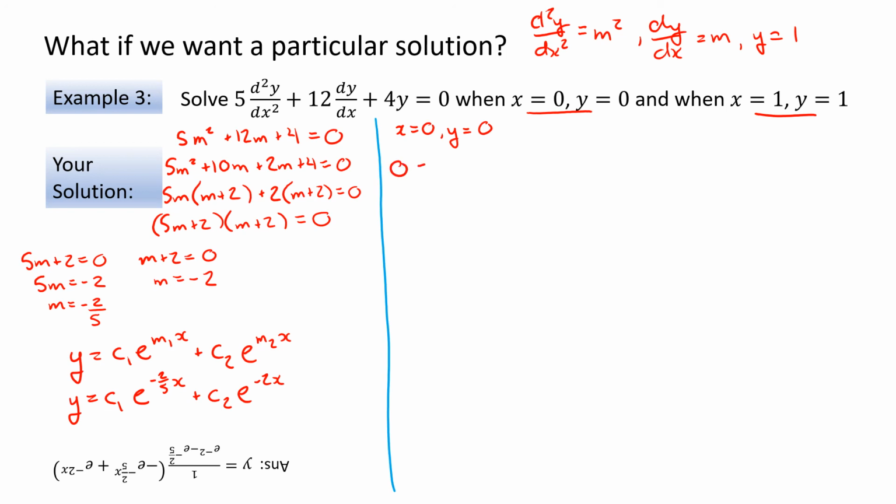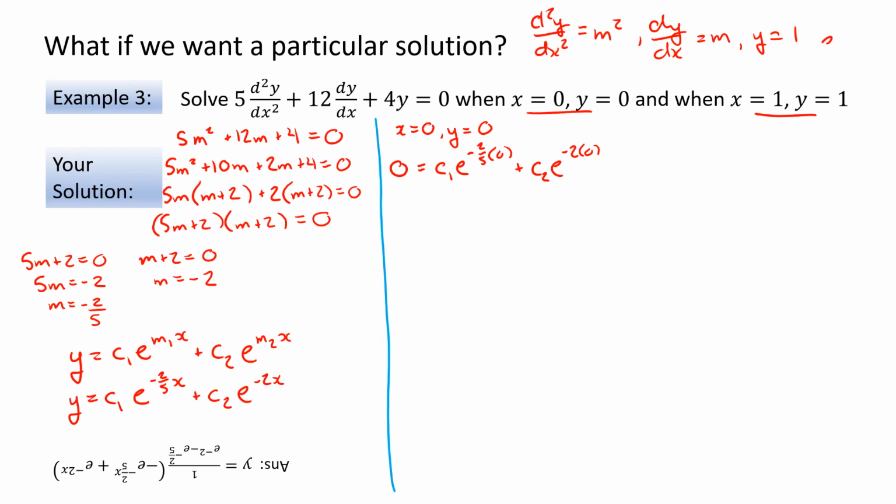So we have 0 is equal to c1 times e. In this case, it's negative 2 over 5 times 0. Plus c2 e to the negative 2 times 0. Well, anything times 0 is 0. And if we have an exponent, anything to the exponent 0, remember it's always 1.